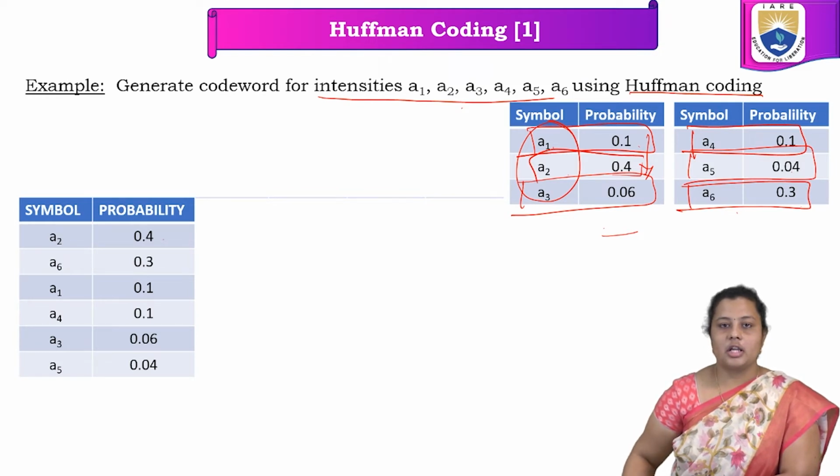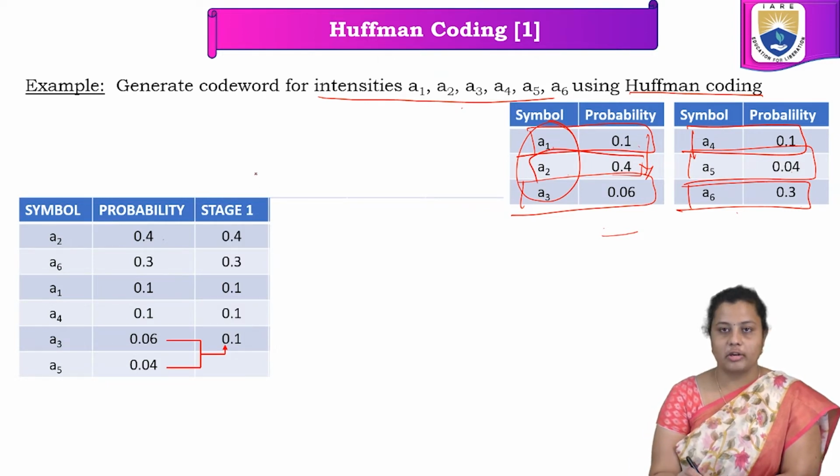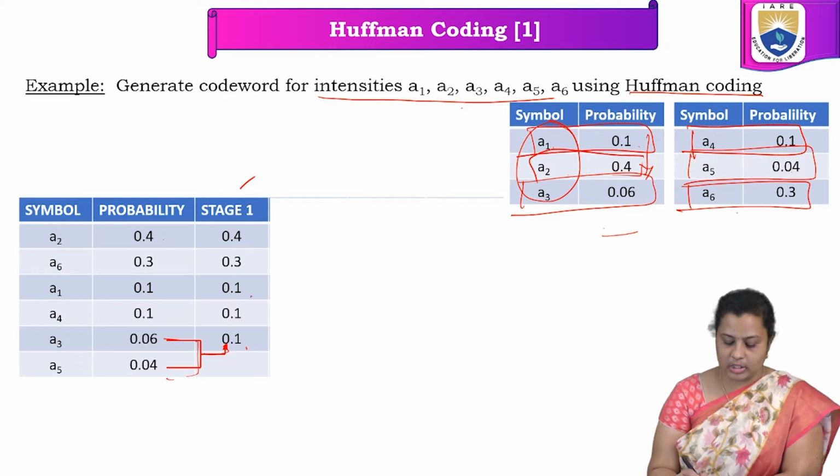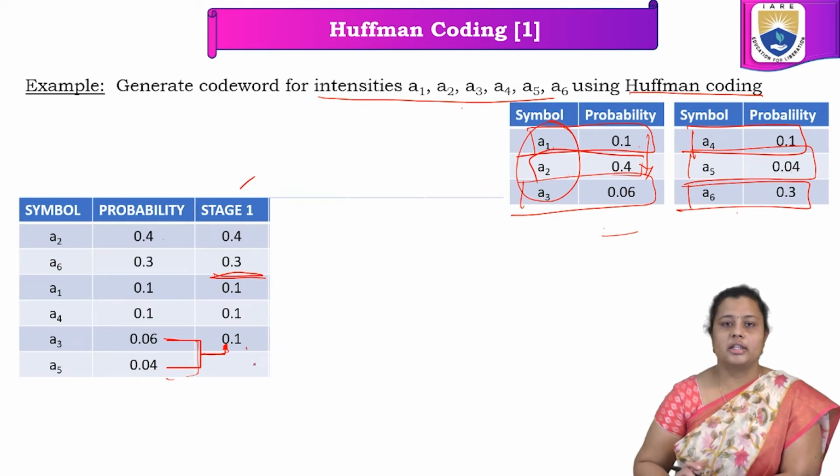Now we add the last two probability values, and that is what we call stage 1. When we add 0.06 and 0.04, we get 0.1. If we order the values in decreasing order, 0.1 could be placed at various points, but for our convenience we are adding it at the last.